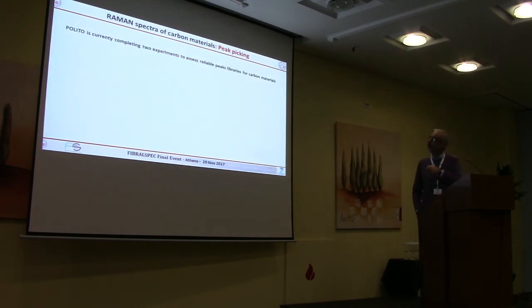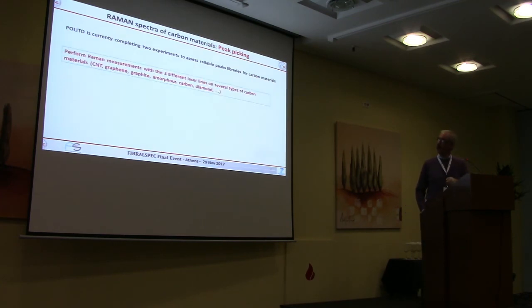From the point of view of peak picking, we are currently completing a couple of experiments because we don't really rely on what is around for disordered carbon materials. So we are performing Raman measurements with 3 different lines on several types of carbon that range from graphene to graphite to amorphous carbon, diamond, and all types of carbon involved in FIBRALSPEC, carbon fibers, and not only.